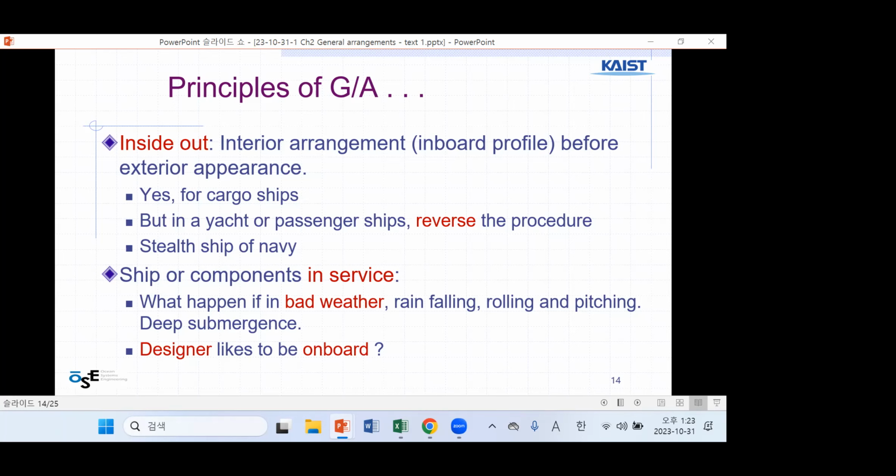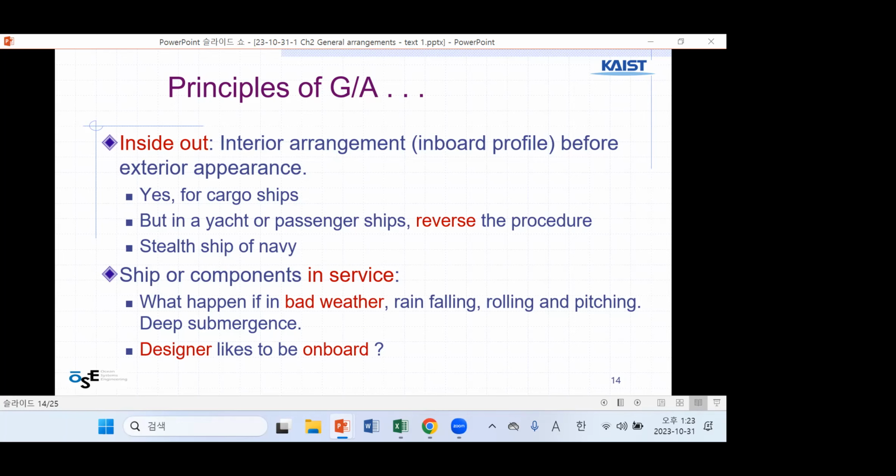For buildings like a rocket tower, probably the exterior can be more important than the inboard profile. So inside out is yes for cargo ships, but for a yacht or passenger ship, the exterior appearance can be vital.